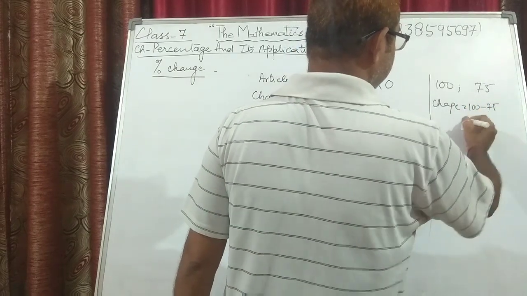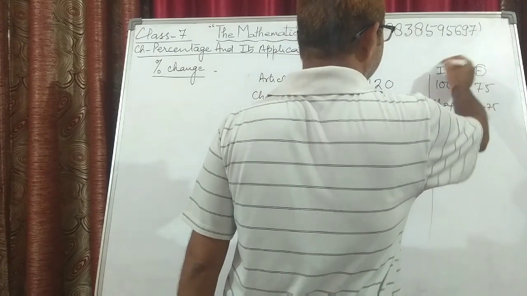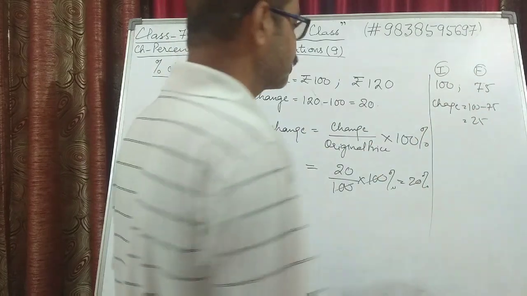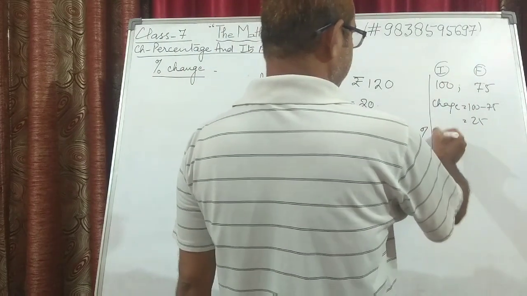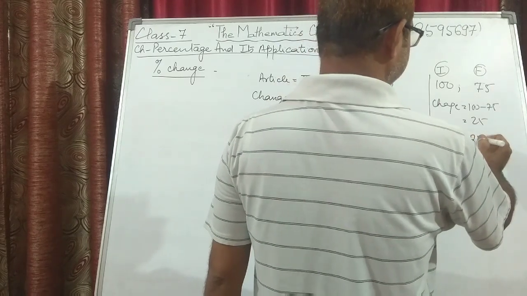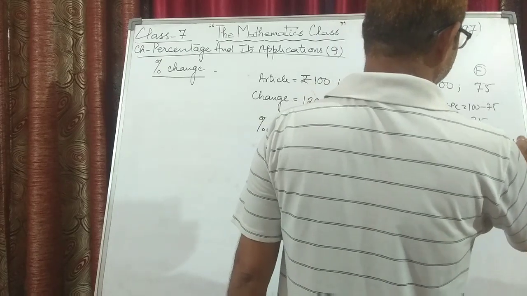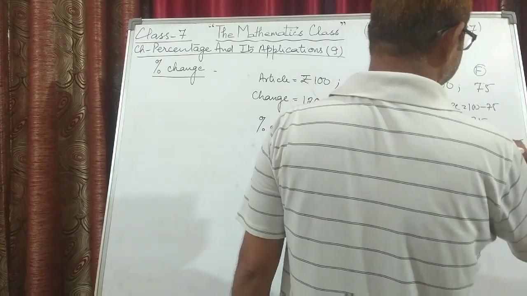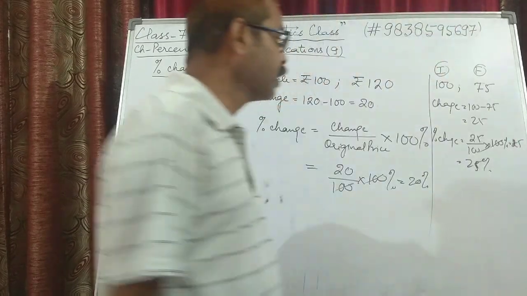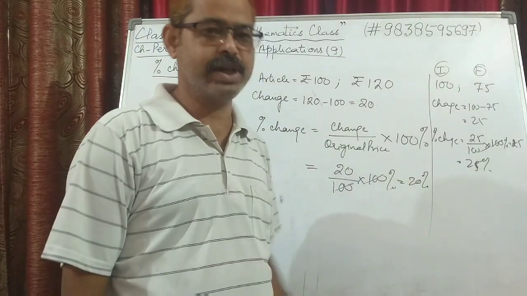This was the initial price, this was the final price, so the change is 25. It has been reduced, so change is 25. So percentage change will be change, that is 25 upon original 100 into 100%, is equal to 25%. That is the change.